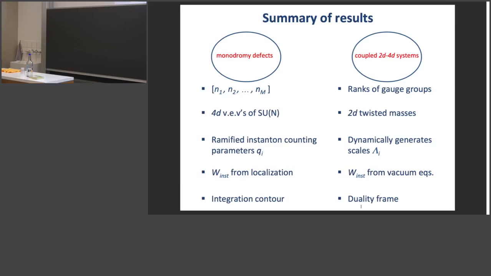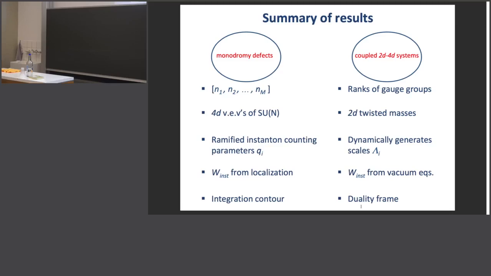On the other hand, if I view the surface operators as two-dimensional theories inside a four-dimensional one, coupled in the way that I described, then these numbers translate into the rank of the gauge groups of the two-dimensional nodes. The vacuum expectation values of SU(N) become the twisted masses for the sigma fields.